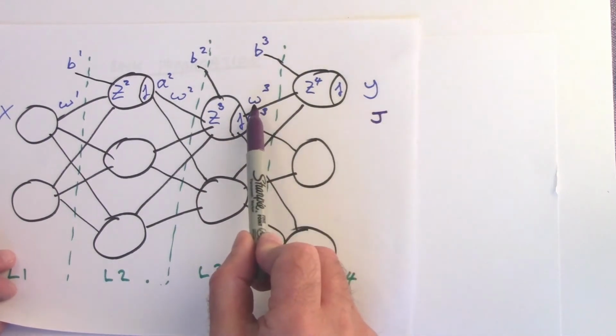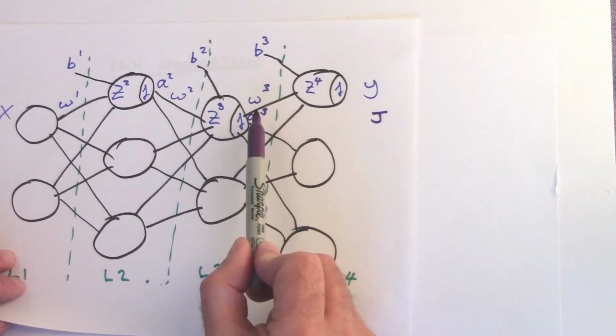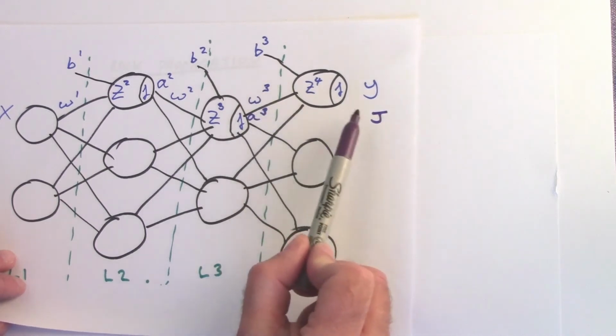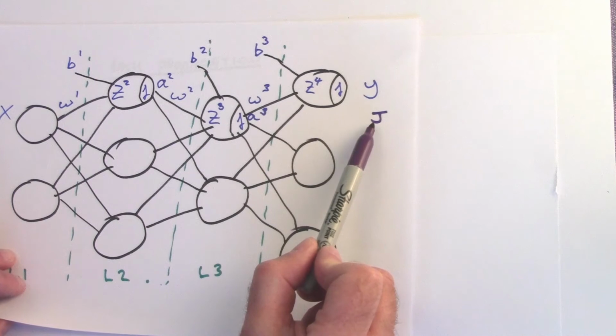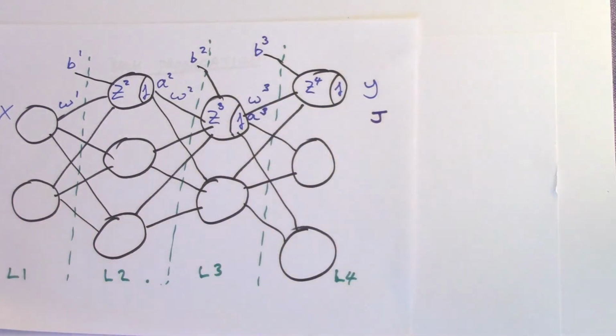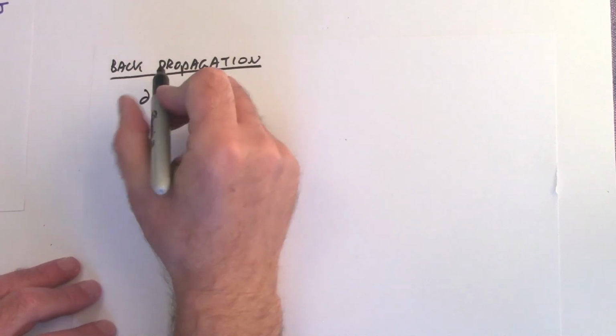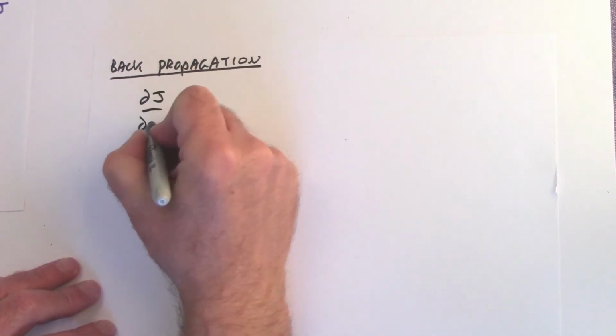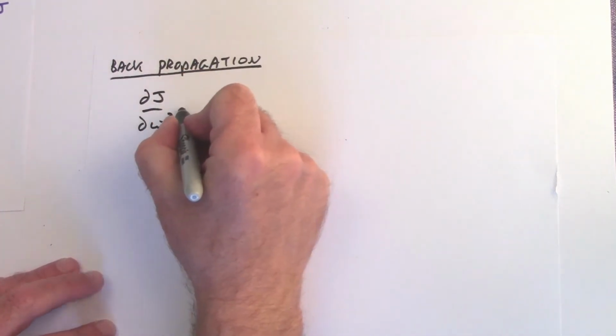So let's look at W3 first, the weights of layer 3. What we need to do is find out the rate of change of J with respect to W3. So that is dJ by dW3. If we write that down, that's what we need to find, dJ by dW3.